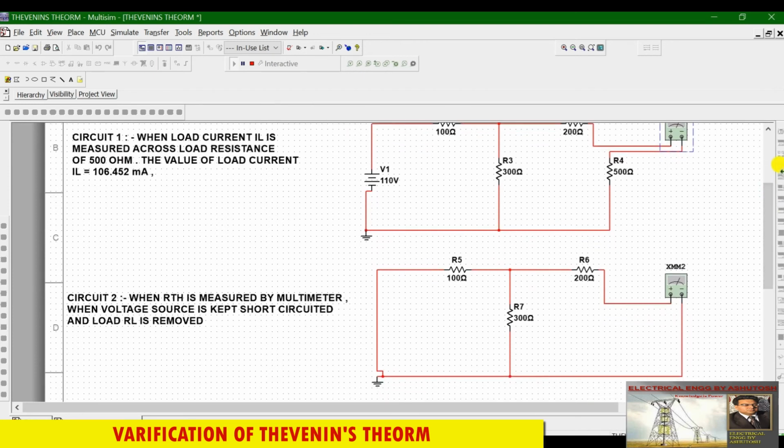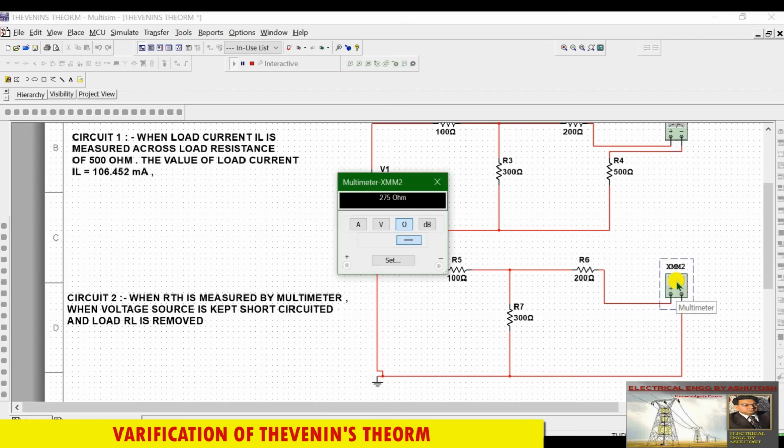The circuit is the same, but now we have to find out RTH. For this, we have replaced our voltage source with a short circuit, removed the load resistance and connected a multimeter which is working as an ohm meter, and it is giving 275 ohm.